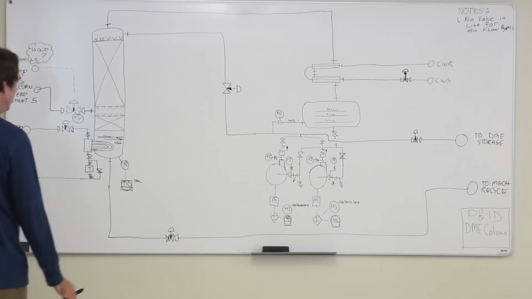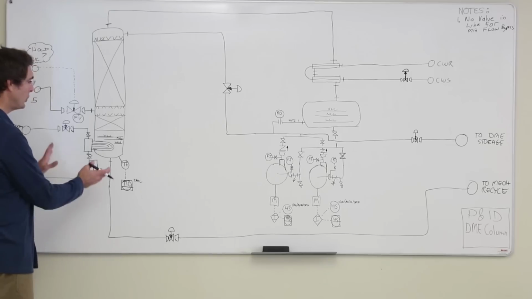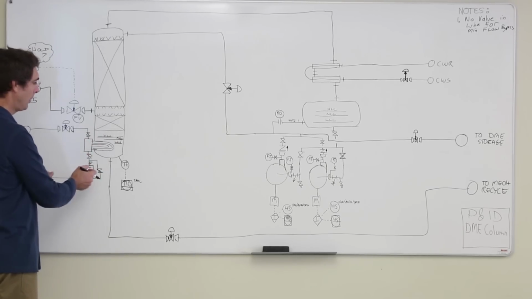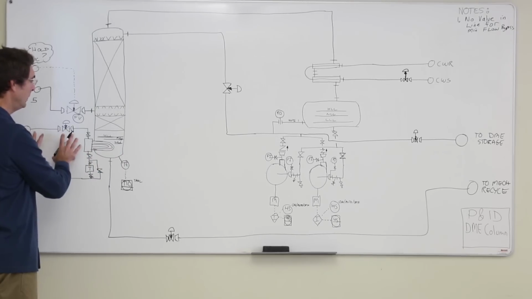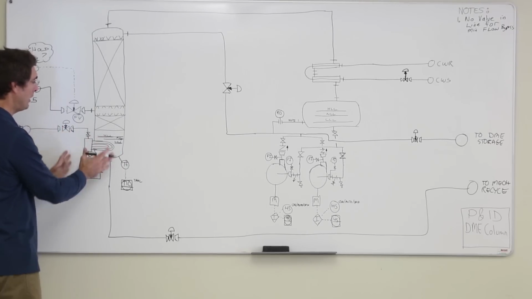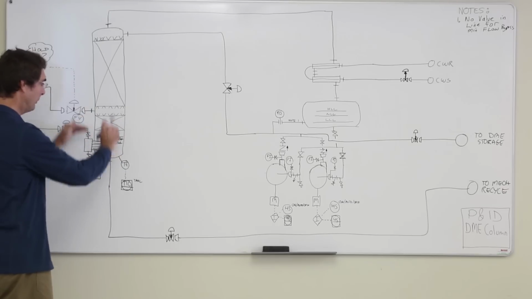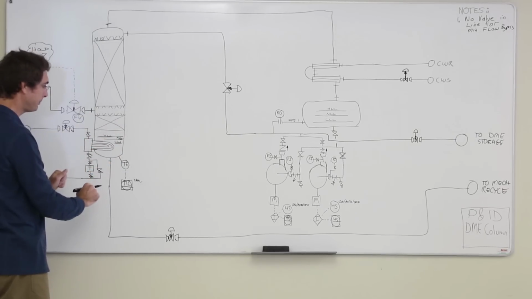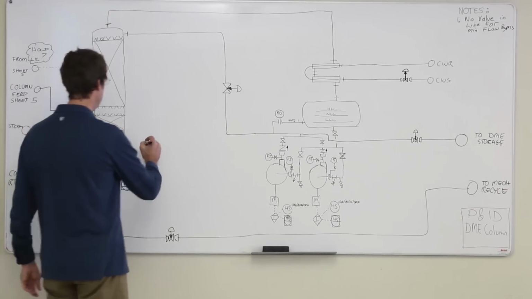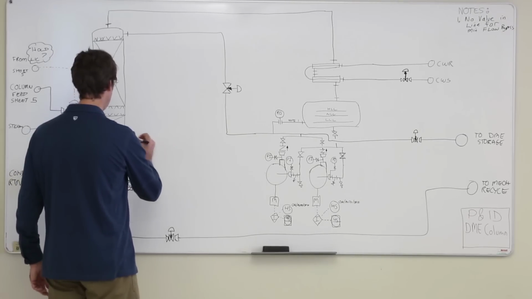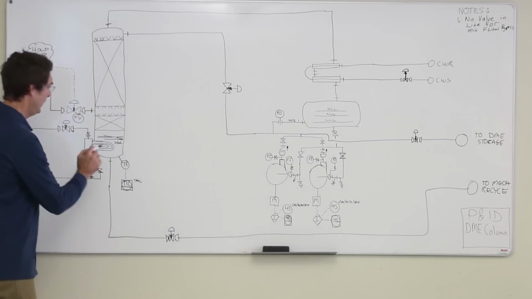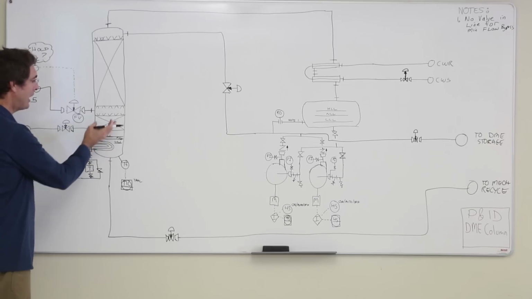And in theory, we've got this choice of manipulating level with the steam. If we drive the steam harder, that'll basically boil more material out and it'll drop the level. So we need to measure the level as well. If we drive that harder, it's going to boil more material out, it's going to drop the level.